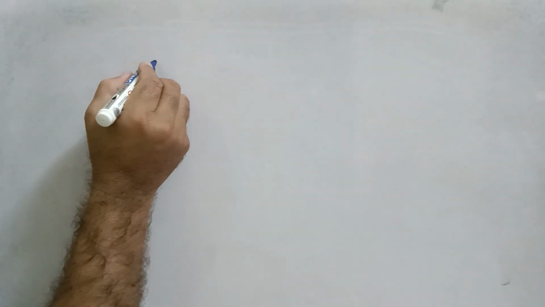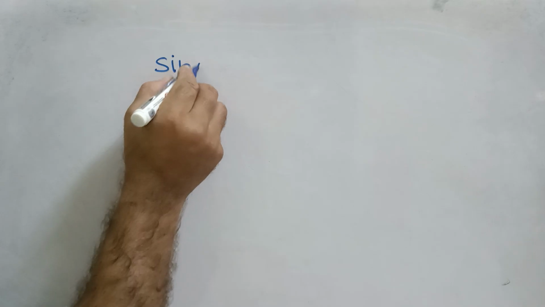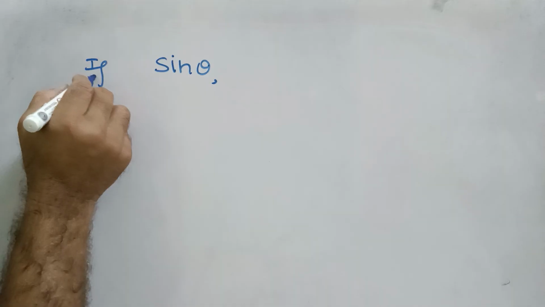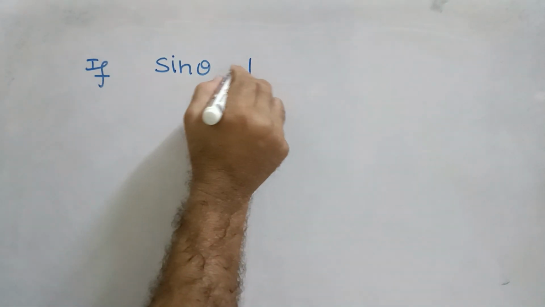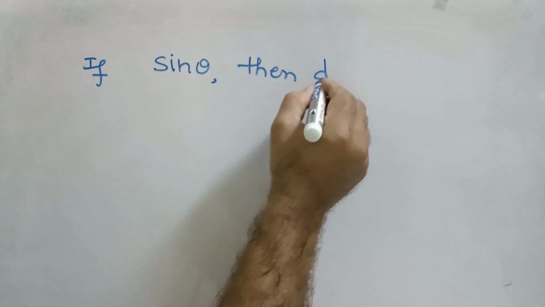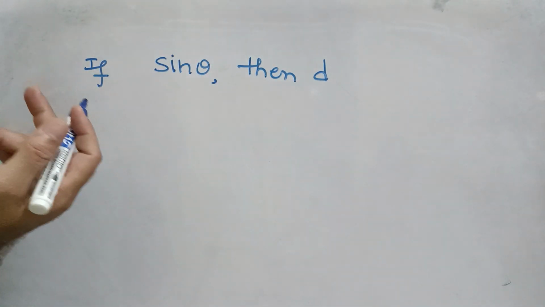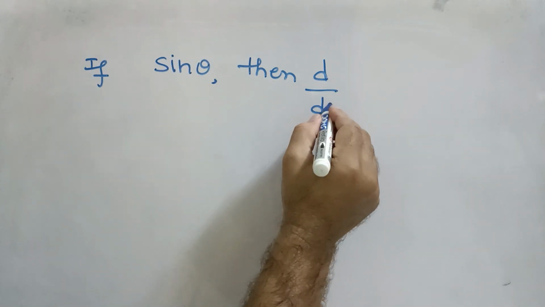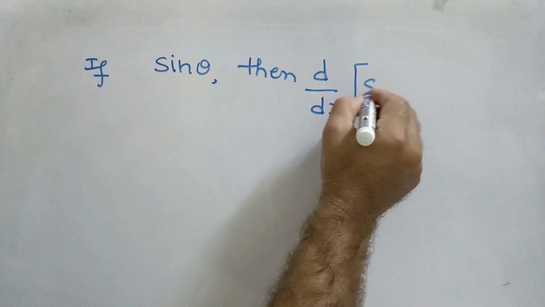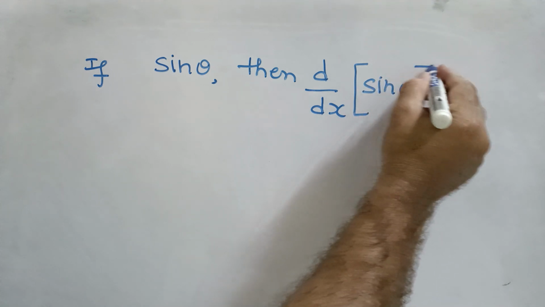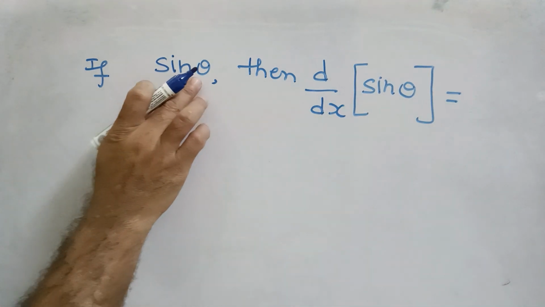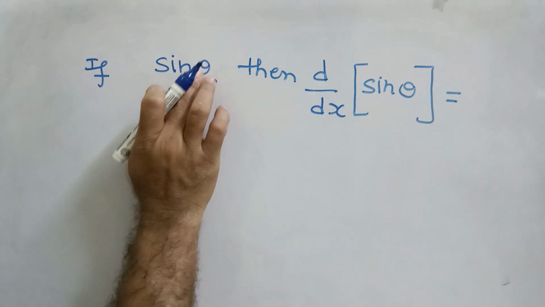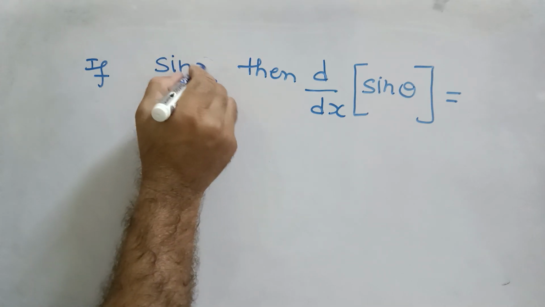Say, for example, if sin theta is given, or sin x, whatever you call it, then d by dx of sin theta; as it is theta, you can write d by d theta, or if sin x is there, you can write x or theta, nothing wrong in that.